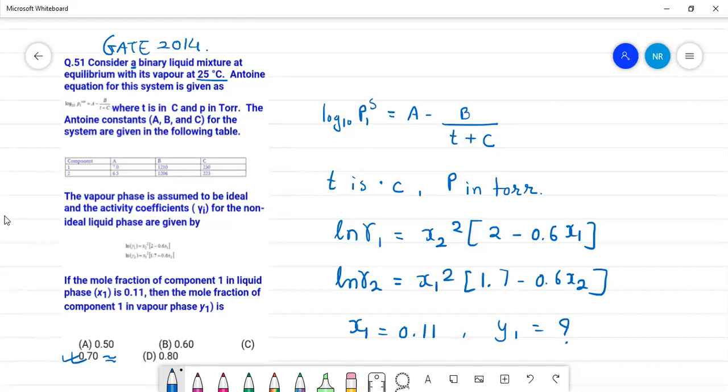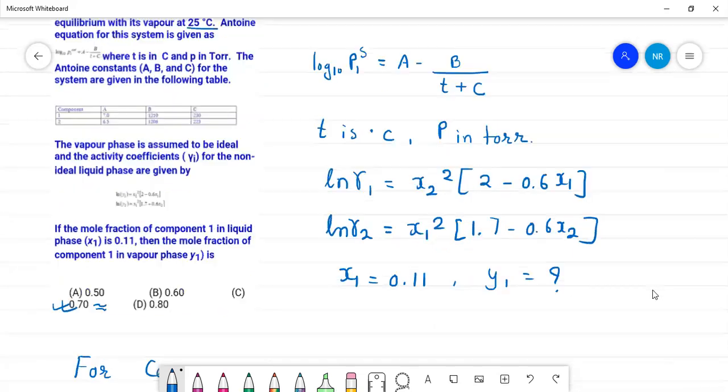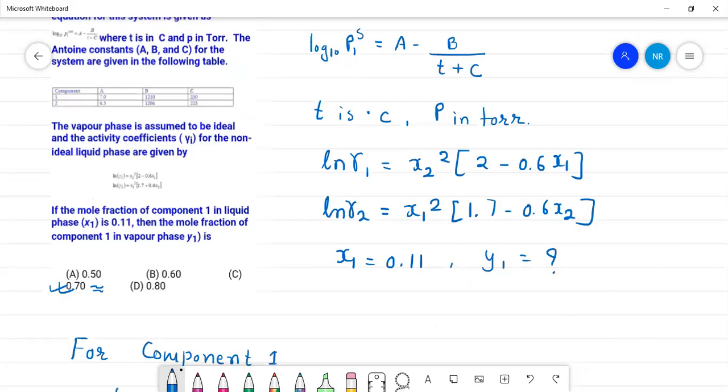If they ask y2, then what we have to do? 1 minus 0.70. So it's 0.30 if they ask y2.